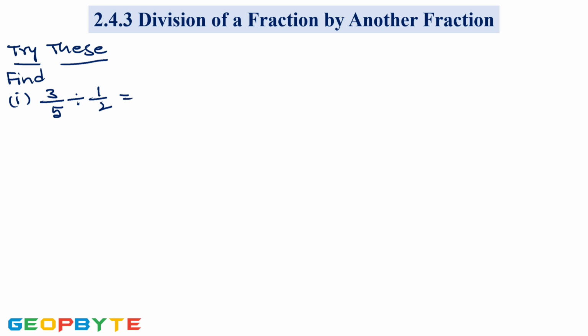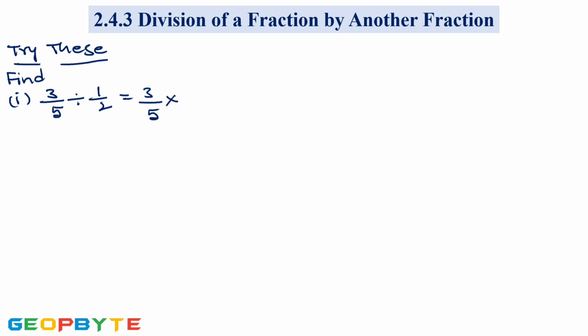Try this. First one, find 3 by 5 divided by 1 by 2, which is equals to 3 by 5 into reciprocal of 1 by 2.